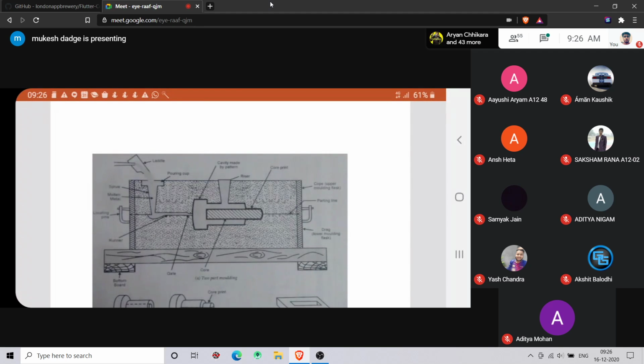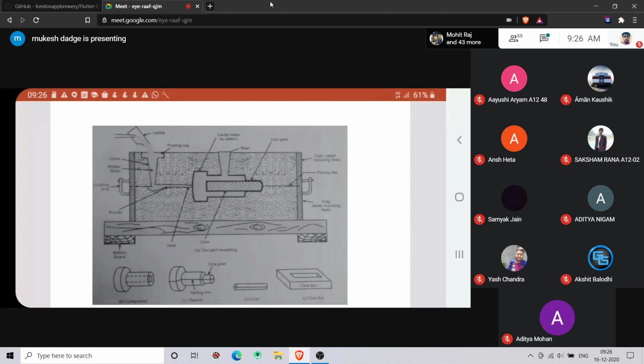From this figure you can see from the riser whether the cavity is filled or not. Another thing is that shrinkage happens when the metal solidifies, so extra material is required to compensate for it. That compensation will be taken from the riser portion.